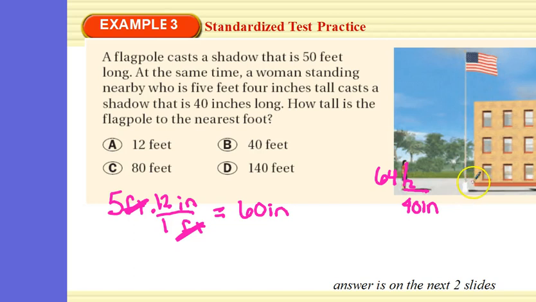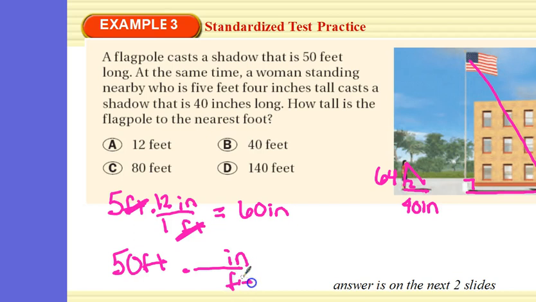Its shadow is 50 feet long. Feet into inches, 1 foot is 12 inches. So 50 times 12. If 5 times 12 was 60, isn't it just a 60 with an extra 0? 600.